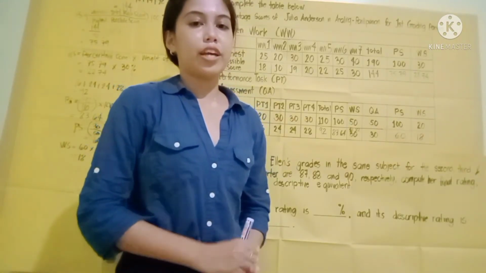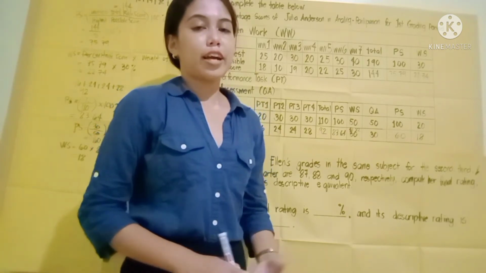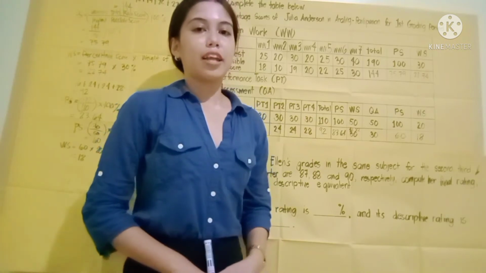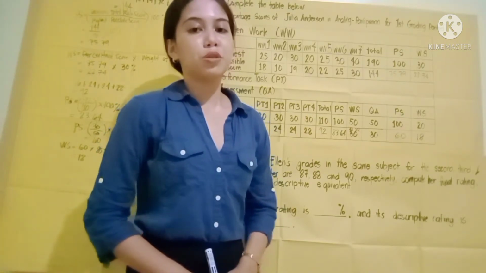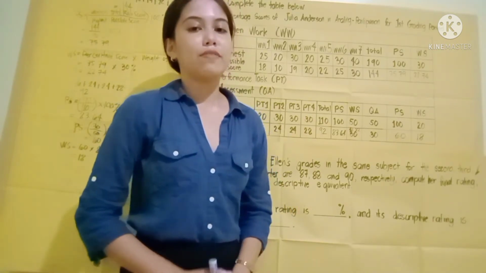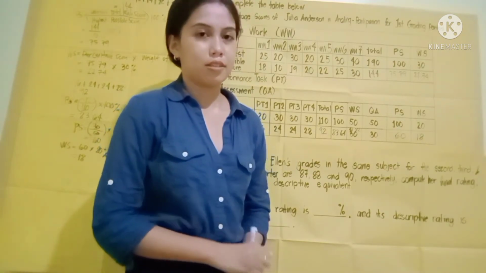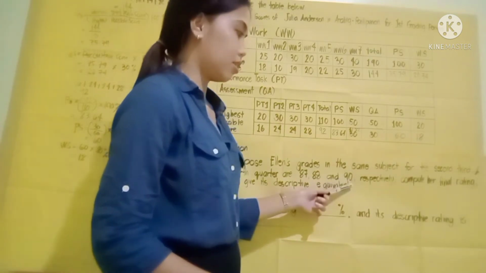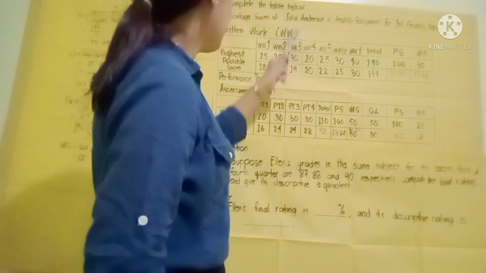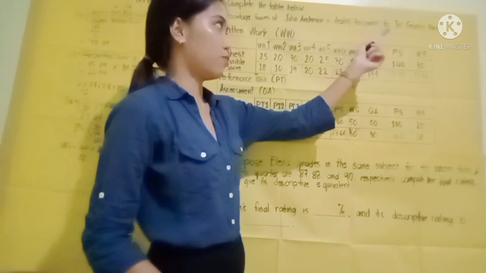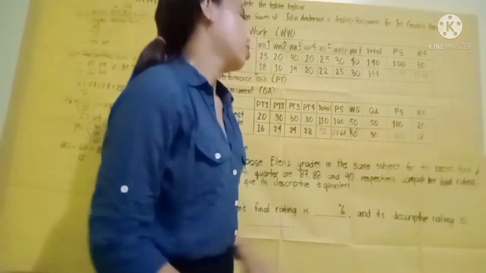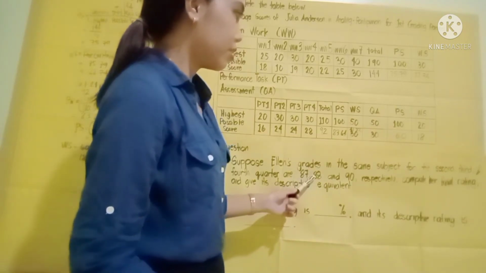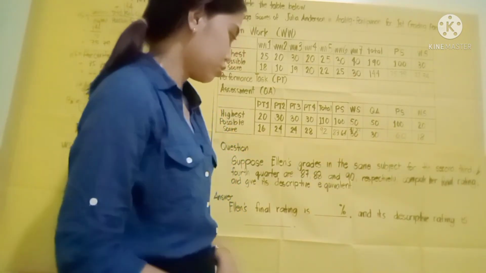Suppose Ellen's grade in the same subject for the second, third, and fourth quarter is 87, 88, and 90 respectively. Compute her final rating and give its descriptive equivalent. So the given here is 87, 88, and 90, which is the same subject of Julia Anderson's Araling Panlipunan for the first grading period. So there is something lacking here because there is no given grade for the first quarter.